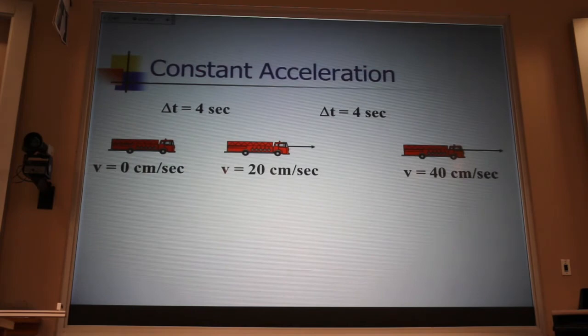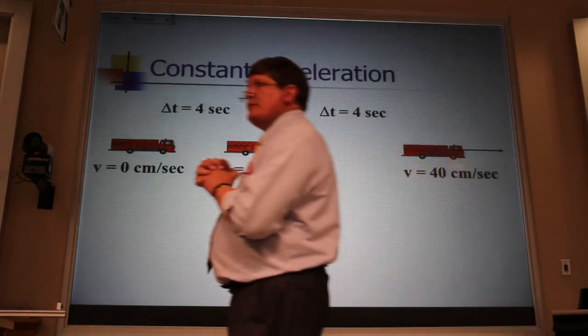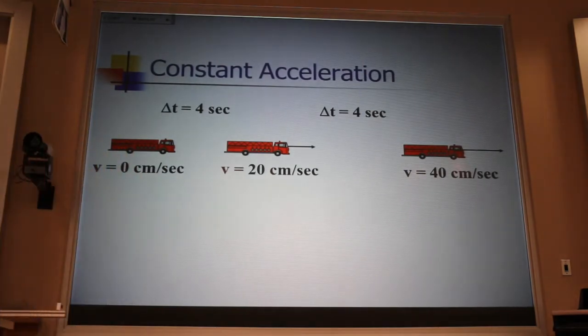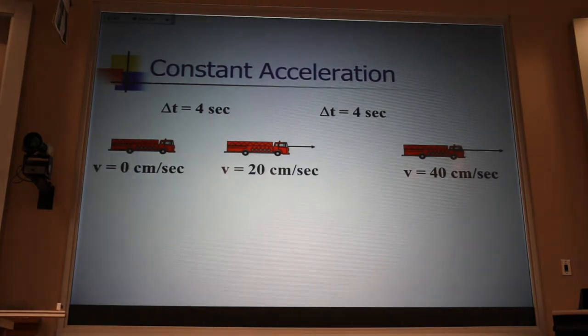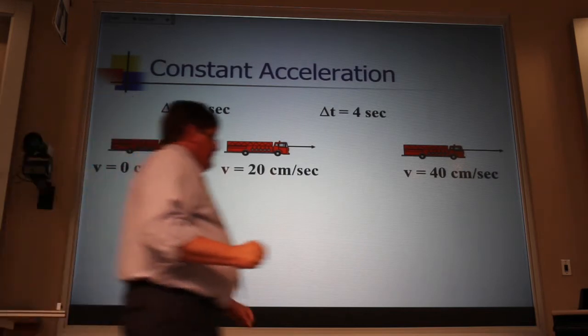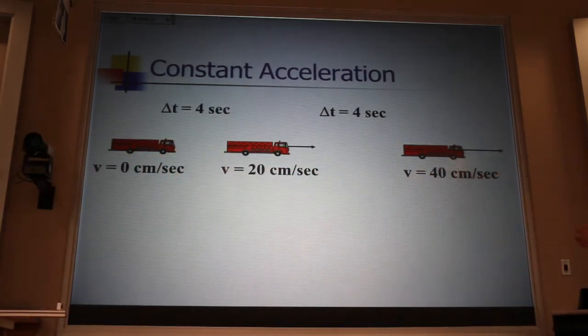Now, in this class, we are going to concentrate on problems where the acceleration is constant. By that I mean that the velocity versus time graph is typically going to be a straight line. Now, that's not always going to be true, but primarily. And that's because there's enough richness, there's enough mess with these types of problems.